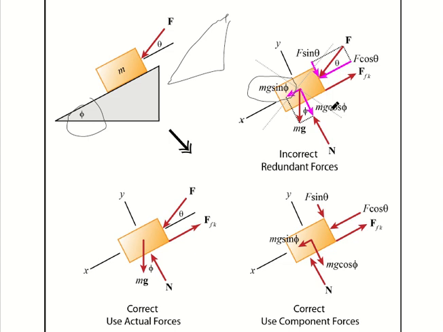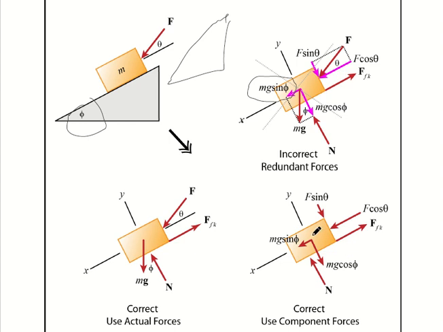We're going to write our normal, and normal again has to go with this x and y axis. So on this y axis, your normal force is mg cosine phi, and your weight component is mg sine phi. Your force is going to be the resultant of this. So now we are going to draw everything here: we have a force, we have a normal, we have the weight, and we have the kinetic friction opposing that force.